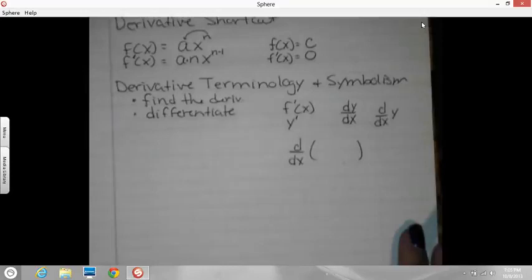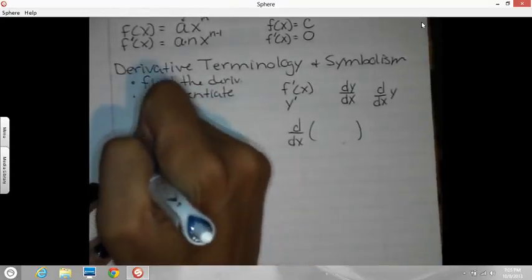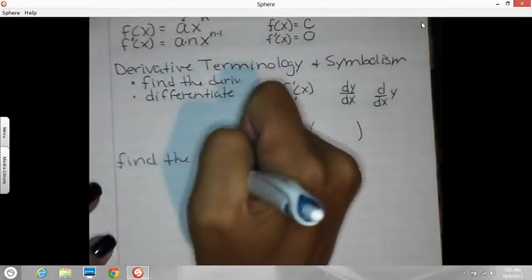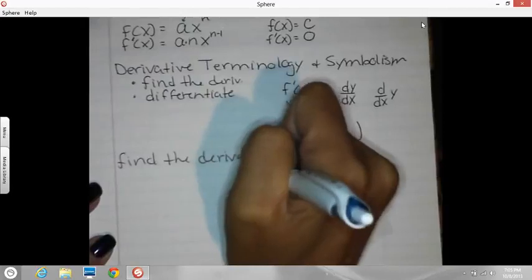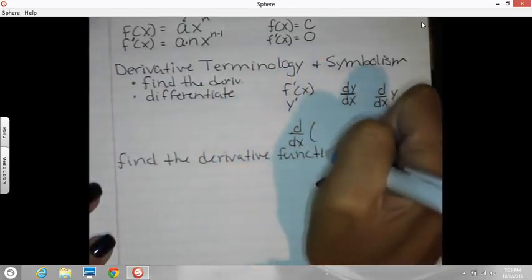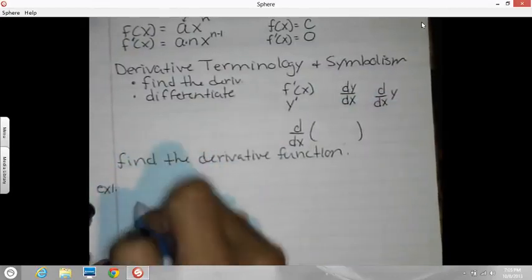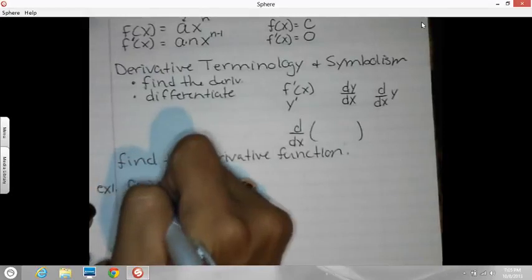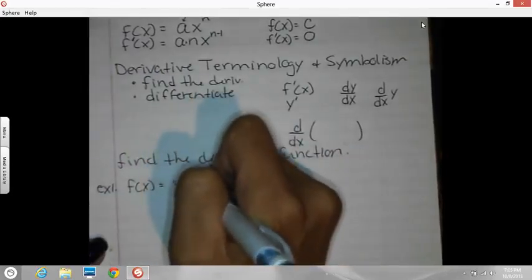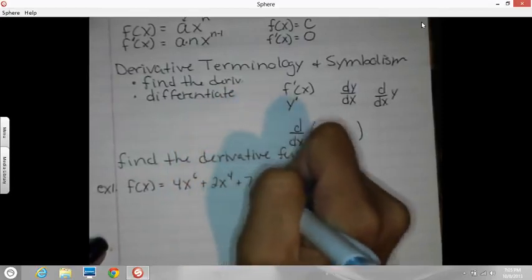All of these, the directions are find the derivative function. First one, f of x equals 4x to the 6th plus 2x to the 4th plus 7x squared minus x minus 5.